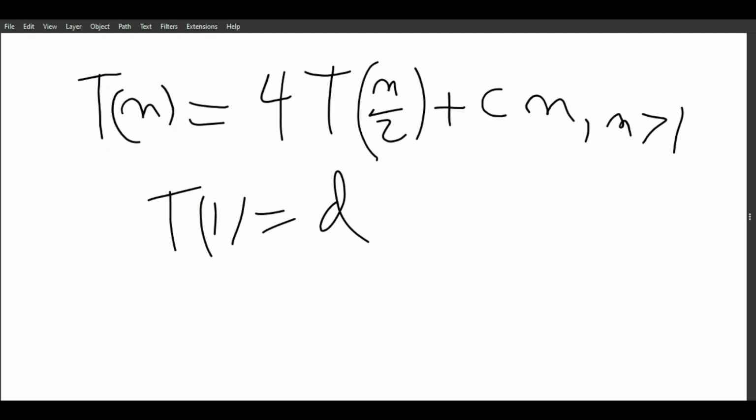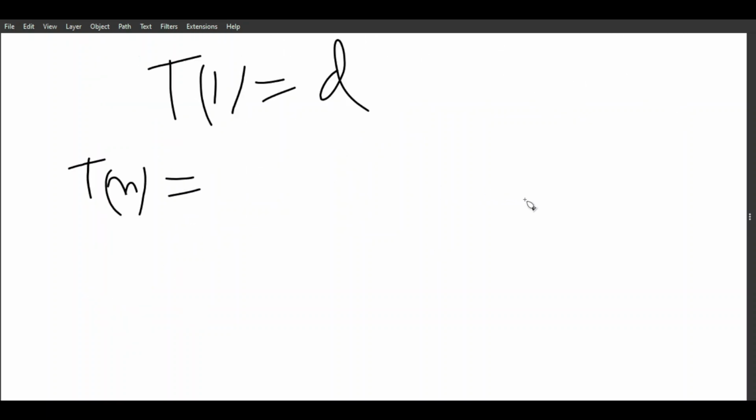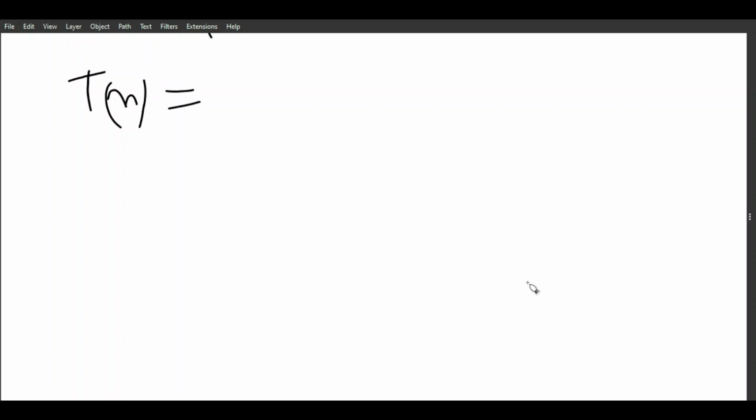So again we solve this recurrence using recursion tree method, and idea is same. So just start with the root Tn. So when we continue with this recursion, at the root we get Cn and we get 4 children of parameter n by 2.